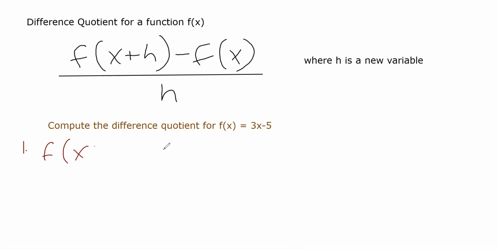So that suggests that everywhere I see my variable in the function, I just pop an x plus h in there and deal with the consequences? Yeah. Where h is just some other variable.